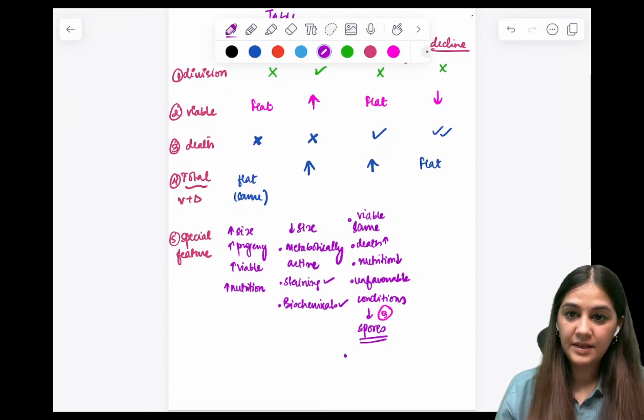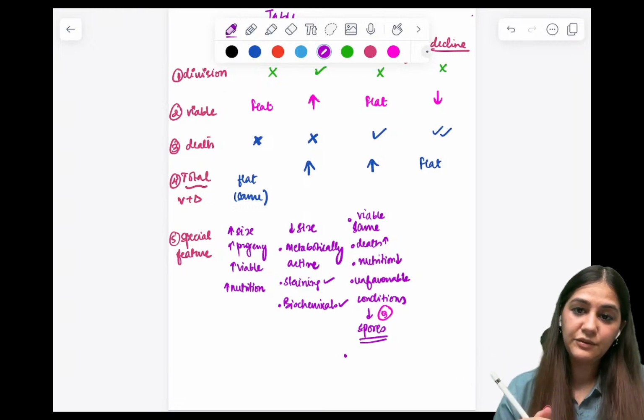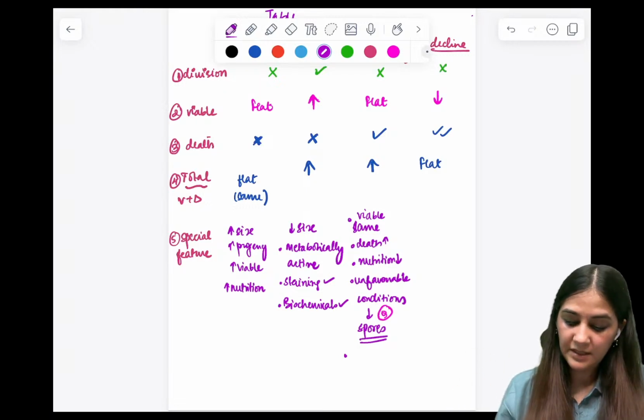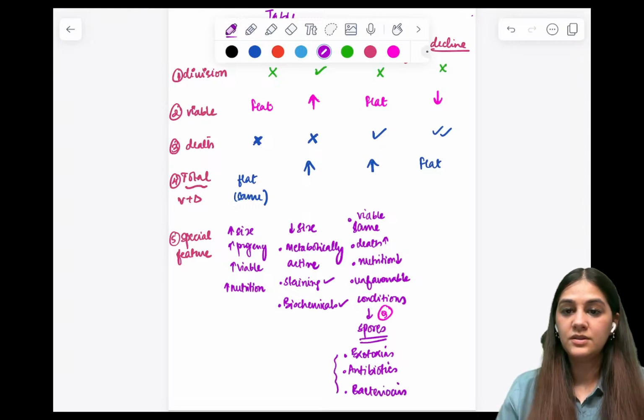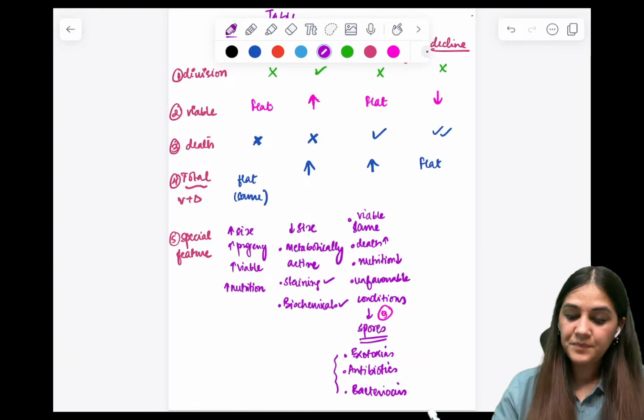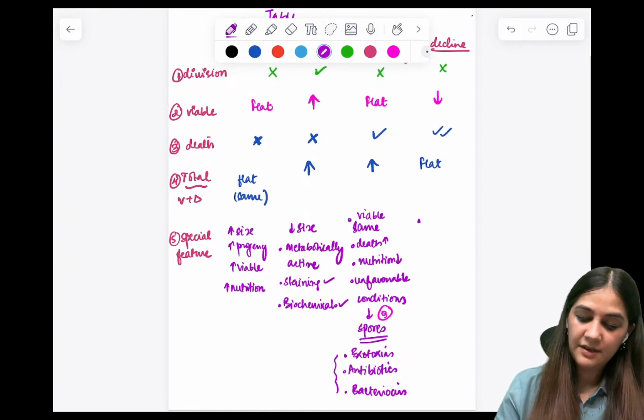And then what is happening? The bacteria is trying to protect itself, trying to fight for nutrition with other bacteria. So a lot of exotoxins and antibiotics and your bacteriocins are going to be produced in your stationary phase, right? And finally, what is happening in the decline phase?